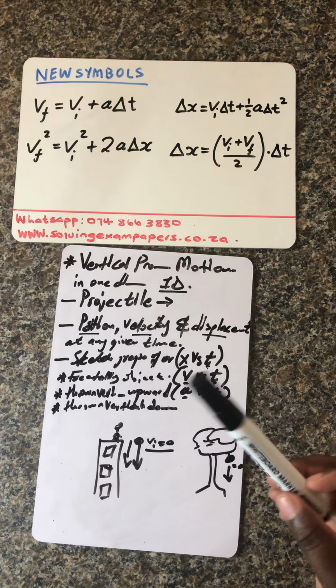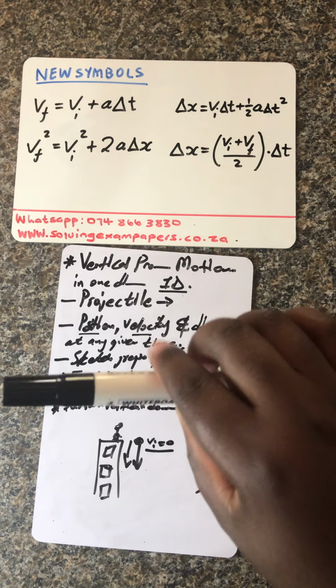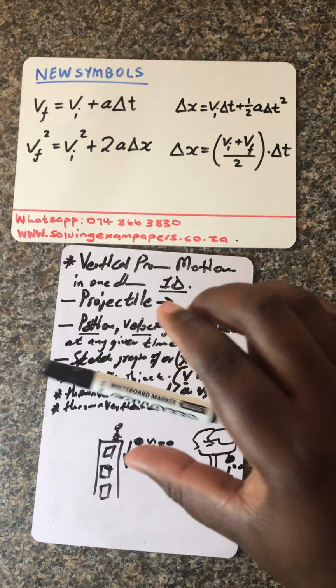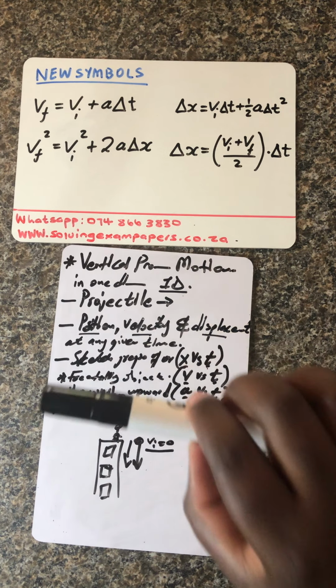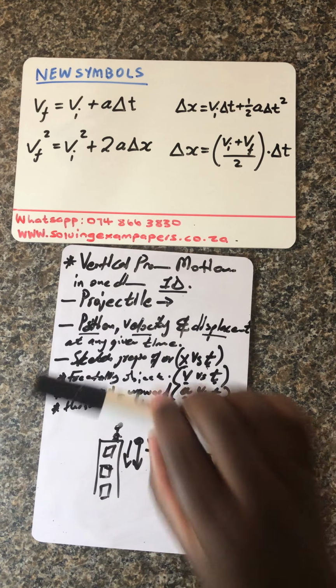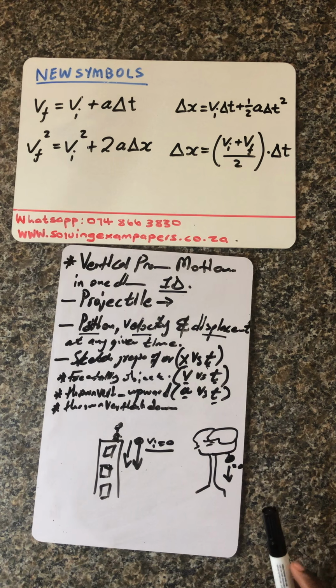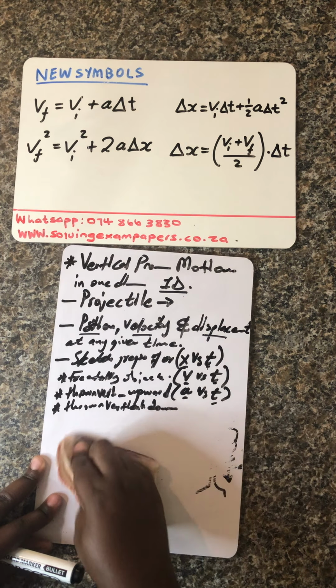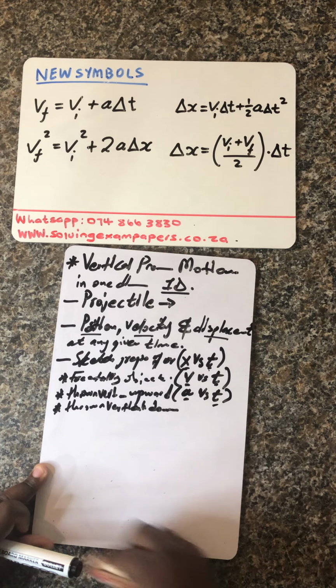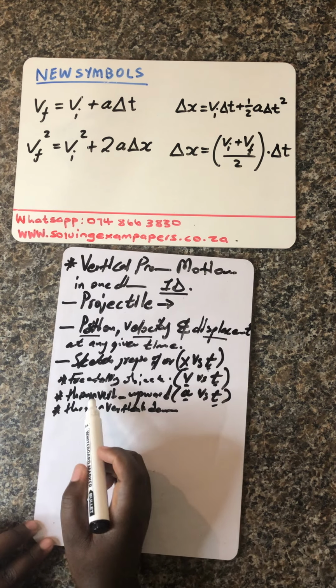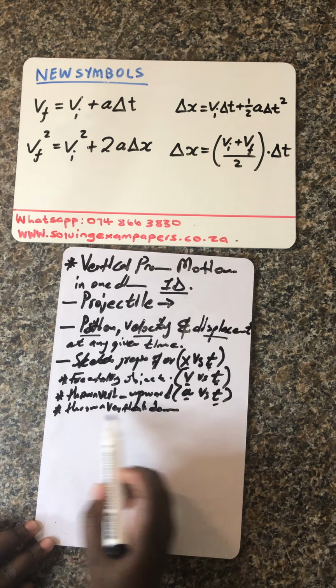So this is an object which is freely falling vertically downwards. Okay, it's different from an object which is being thrown vertically downwards. I suppose you're able to notice the difference, ladies and gentlemen. So that's what I'm trying to explain and differentiate between an object which is free falling and an object which is being thrown vertically downwards.